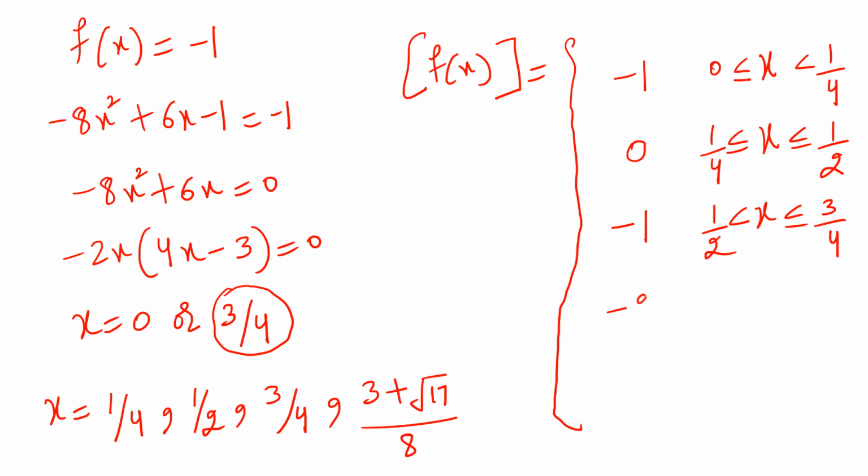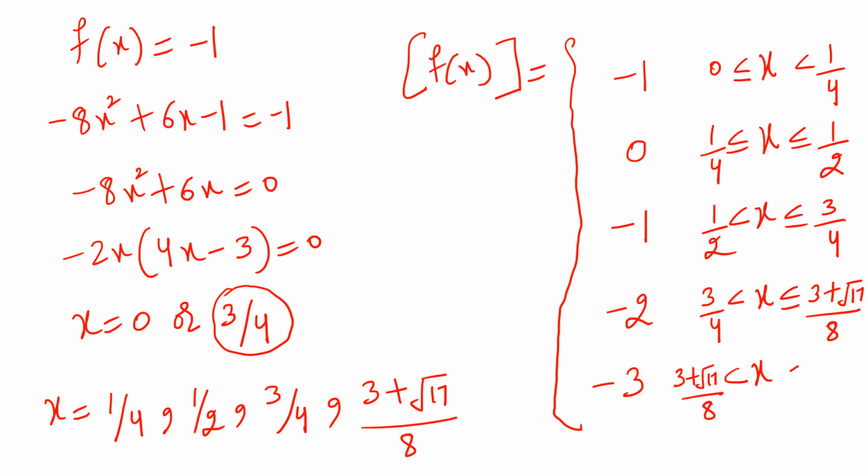This is minus 2 when x is greater than 3 by 4 and less than or equal to 3 plus root 17 by 8. And lastly, this value is minus 3 when x is greater than 3 plus root 17 upon 8 but less than or equal to 1. Now students, this chart of values will help us to find the value of the definite integral.